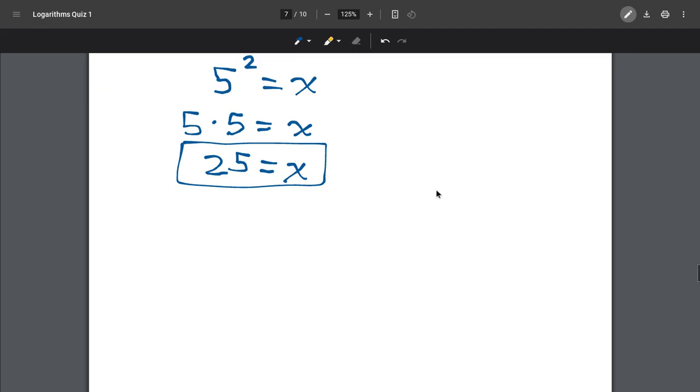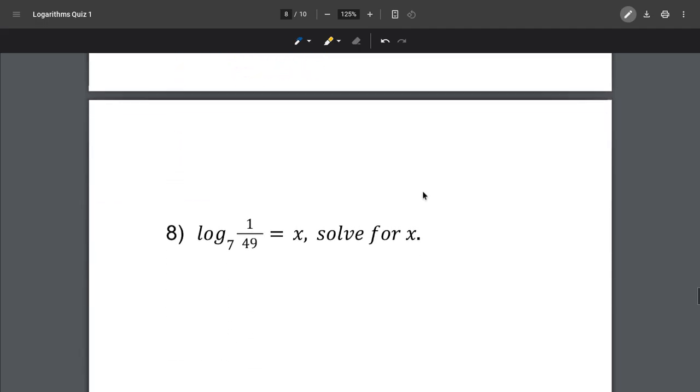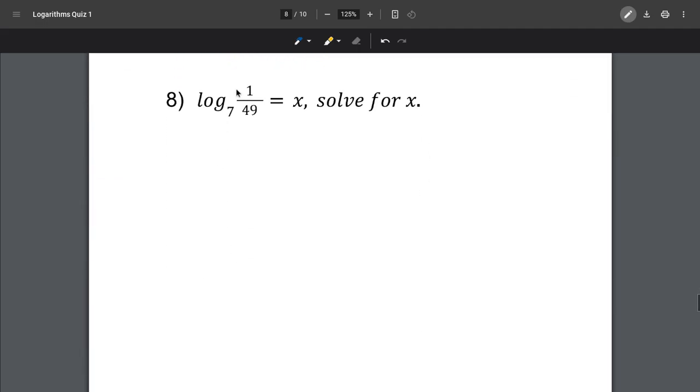Okay, let's keep going. Problem 8. Log base 7 of 1 over 49 equals x. So again, rewrite in exponential form. 7 to the x power equals 1 over 49. So first think, how many 7s do you have to multiply together to get 49? So 7 times 7 is 49, so just 2 7s.